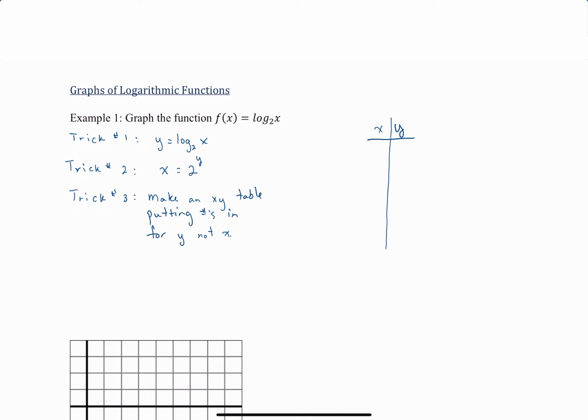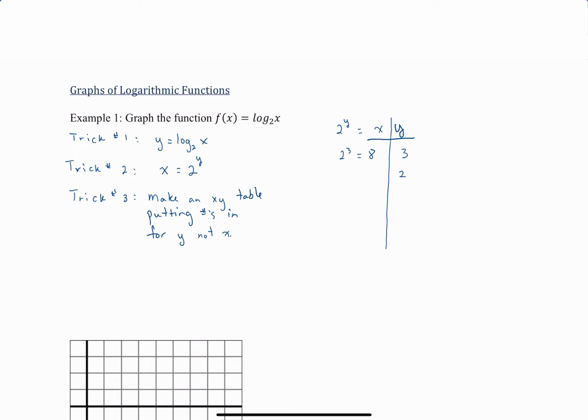And that doesn't work very well here because y is a logarithm, and it's hard to know what a logarithm is. So instead, we're going to put in numbers for y, and we'll use the formula that the x we get for each y will be 2 to the y. So for example, if y is 3, say, x would be 2 cubed, which is 8. That's not hard to do if you do it in that order.